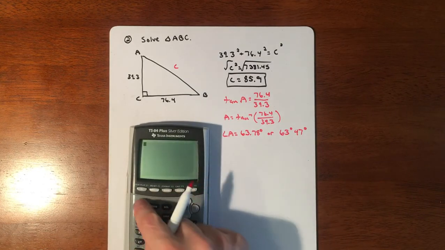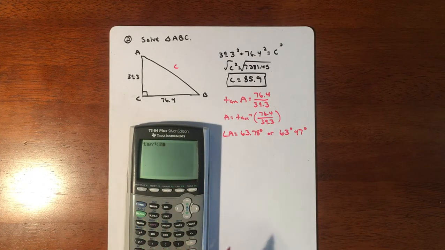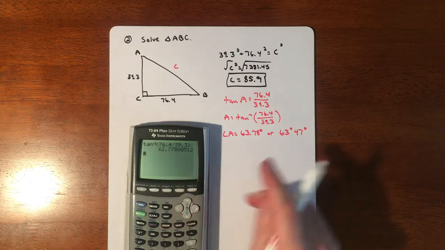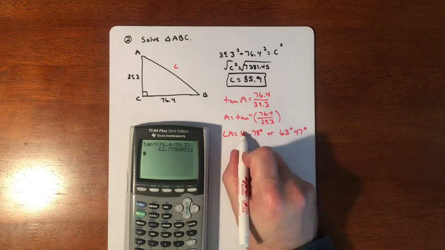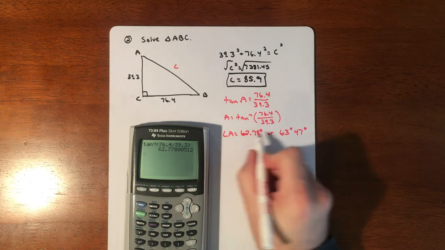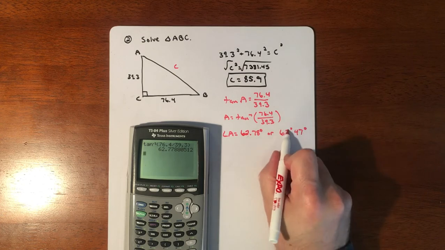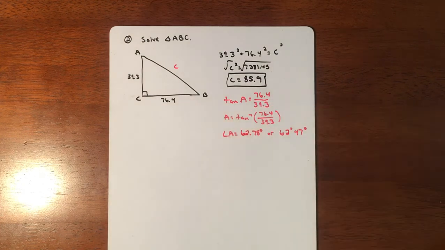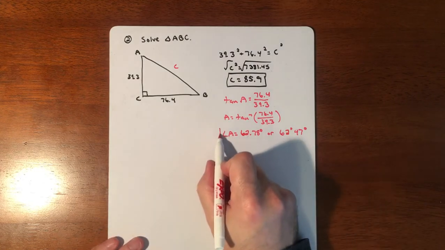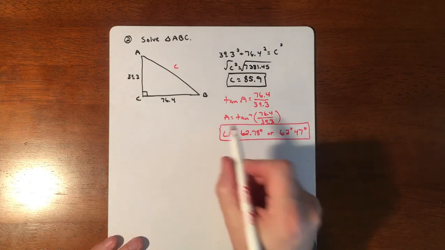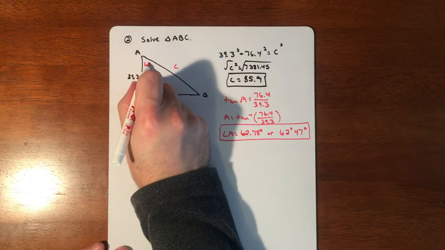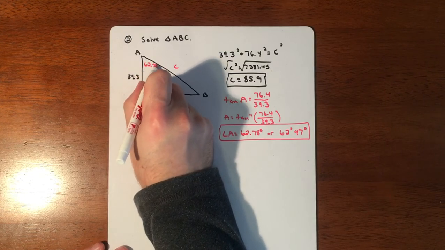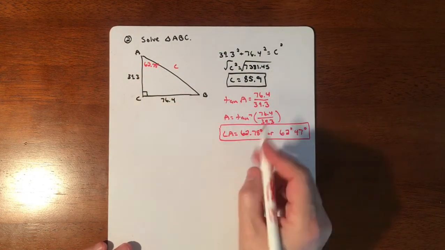Inverse tangent of 76.4 divided by 39.3 gets us 62.7. Okay, so that's angle A: 62.78. And then to figure this out, we'll take 90 minus.